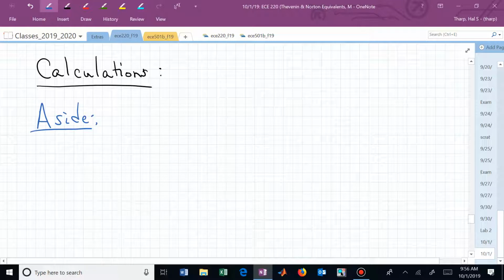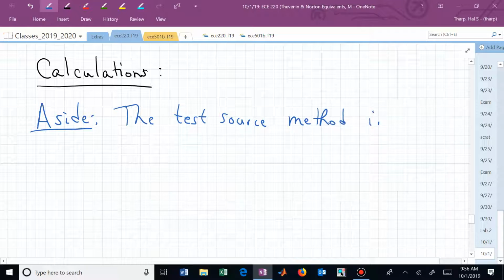So here the aside is the test source method. Although this may seem a little bit weird, really we're just pulling out, in a sense, a digital multimeter. So the test source method imitates how an ohm meter works.